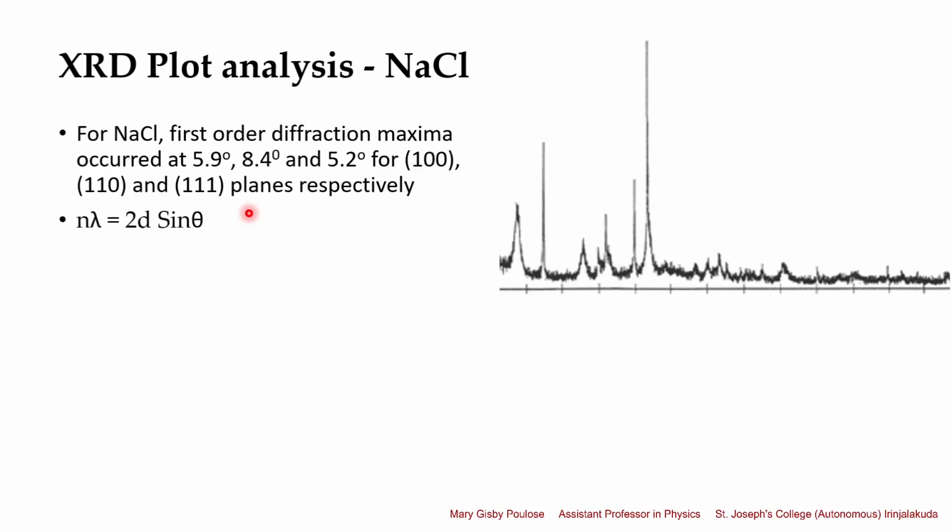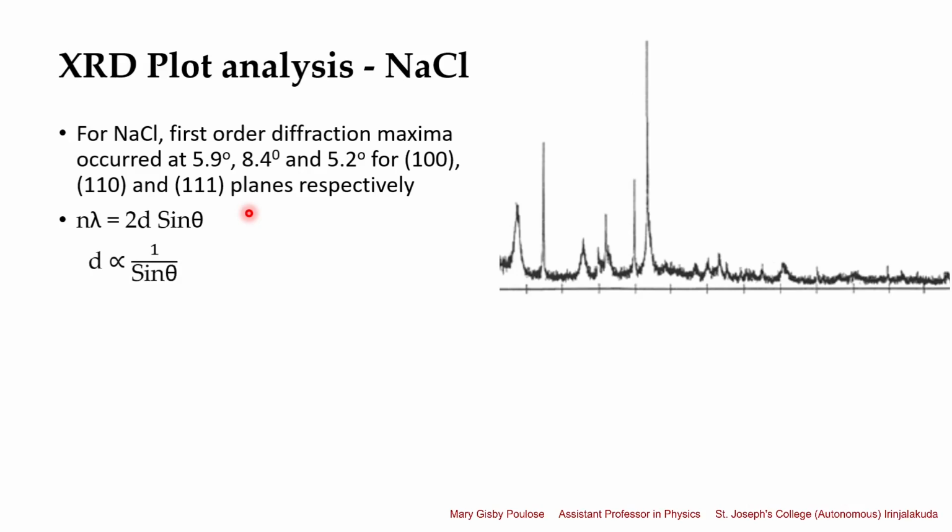Now according to the Bragg equation, we have n lambda equals 2d sine theta, where n is the order of diffraction, lambda is the wavelength of the source light, d is the interplanar spacing between the atoms in the crystal, and theta is the glancing angle.